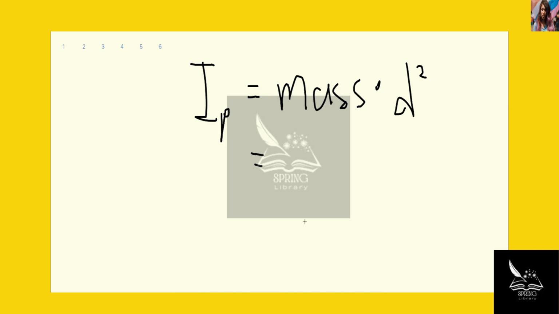So we're going to replace mass with m over 2, and we're going to replace d, in this case, with L. So we get m halves L squared for IP. As for the rod, you can look this up in a table.